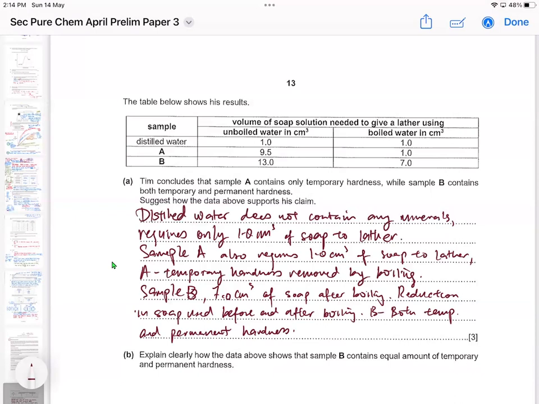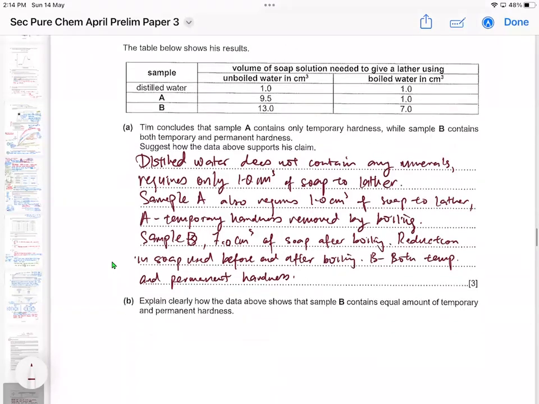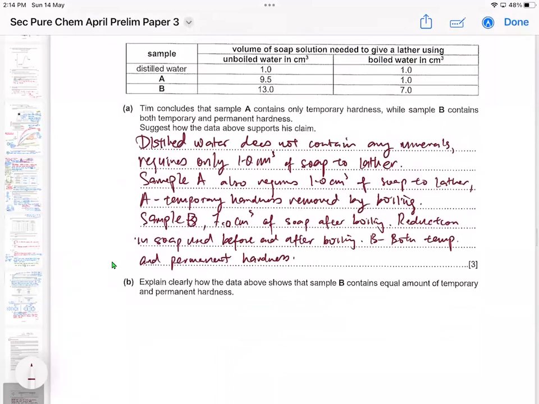Remember, hardness is just a factor of how much ions is present. So the question in part B says, show how the data above show that sample B contains equal amounts of temporary and permanent hardness. So again, if you have to use the data above, the only data we have is through soap volume.